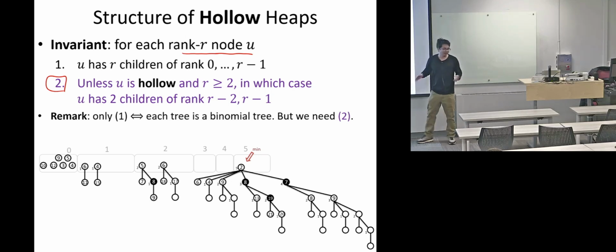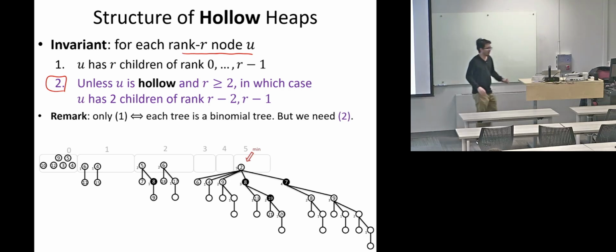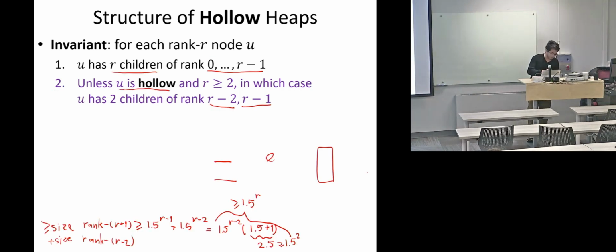If I change my decrease key so that I keep the biggest three subtrees, then you can say the size is going to be plus rank r minus 3 as well. And that would still work.